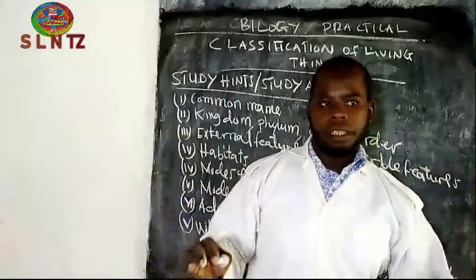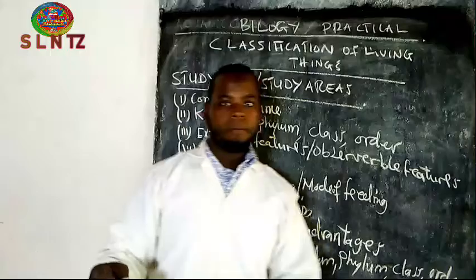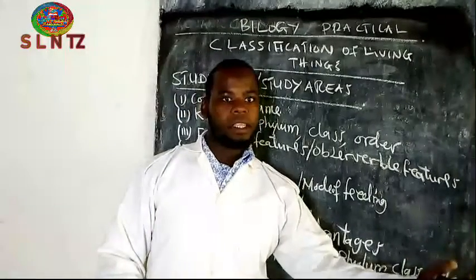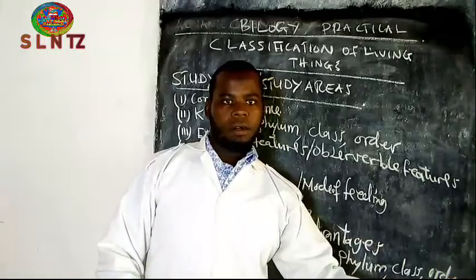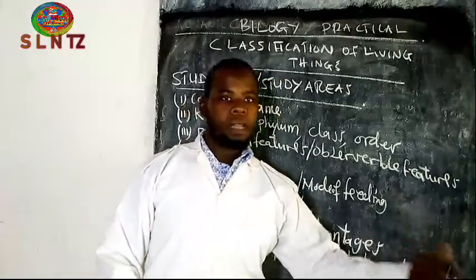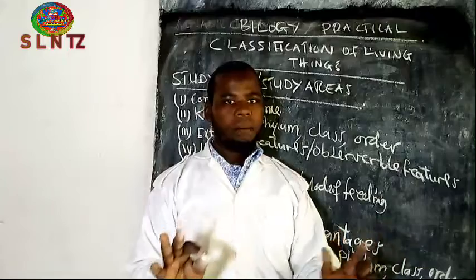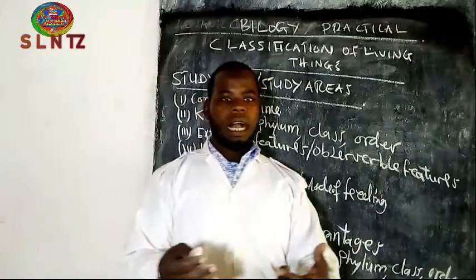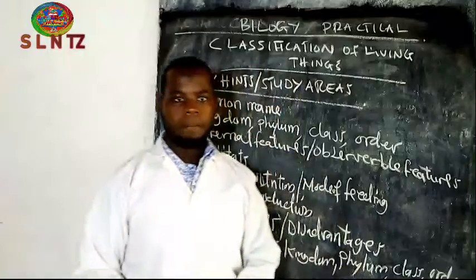During classification, some organisms are classified in different groups. So why are mossy placed in plants? If it's placed in plants, why does it belong to phylum Bryophyta and not the same as Filicinophyta?